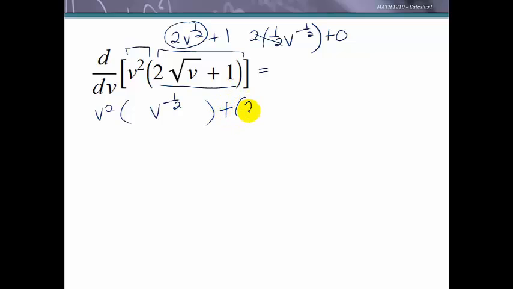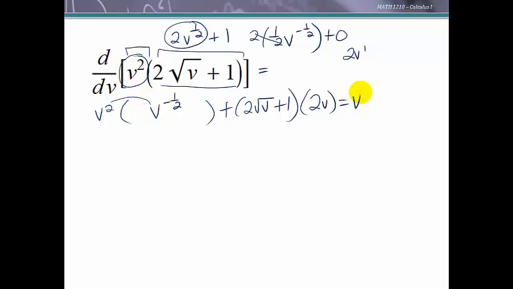Plus the second, now the second function has two terms, so we'll need to put that in parentheses, multiplied by the derivative of the first function, and that's just going to be a power out in front, decrease the power by 1. So this will be multiplied by 2v. So our final answer here, we could go ahead and multiply these together, and we keep the base and add the exponents.